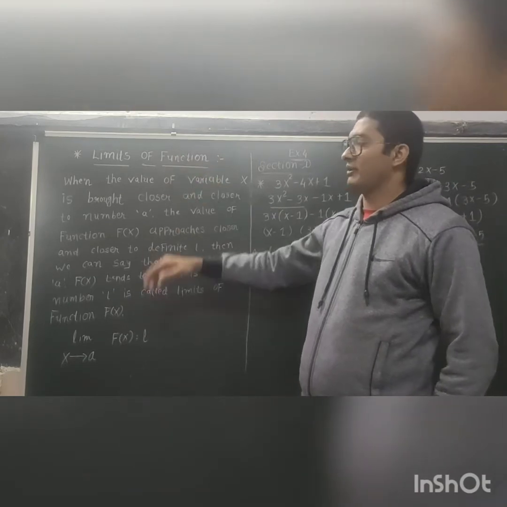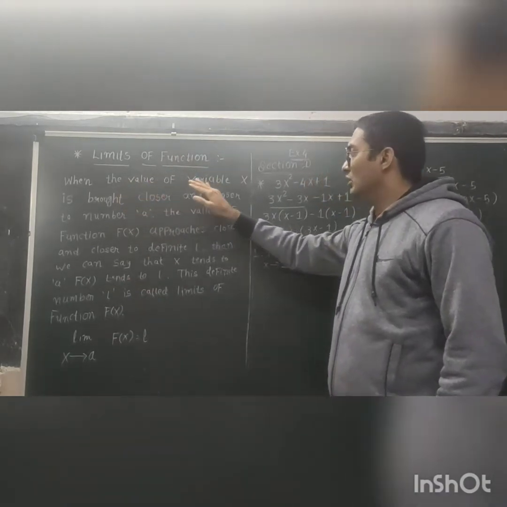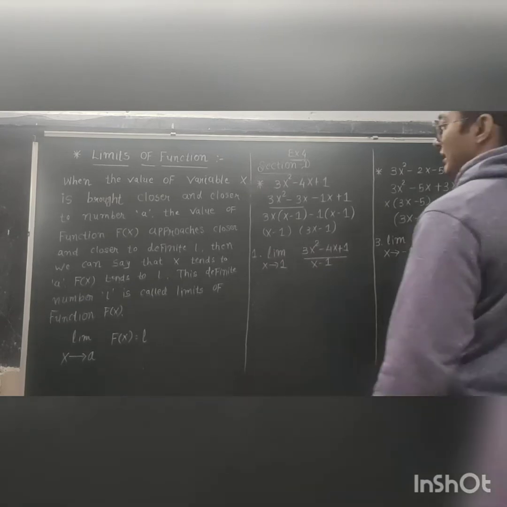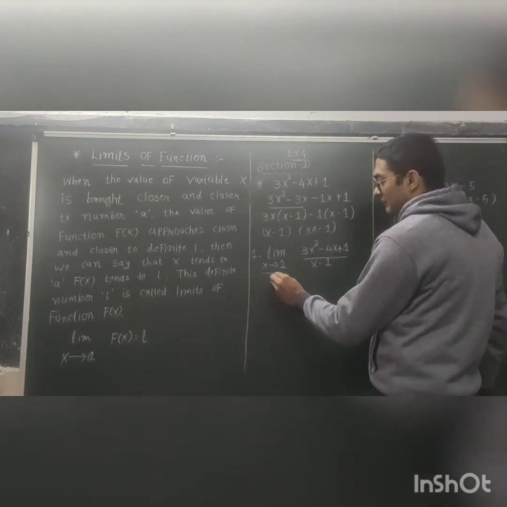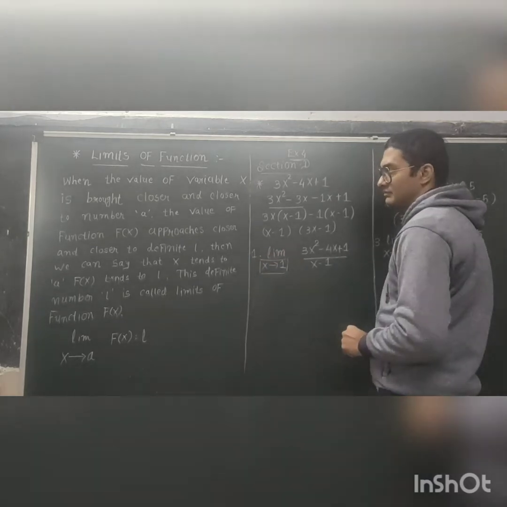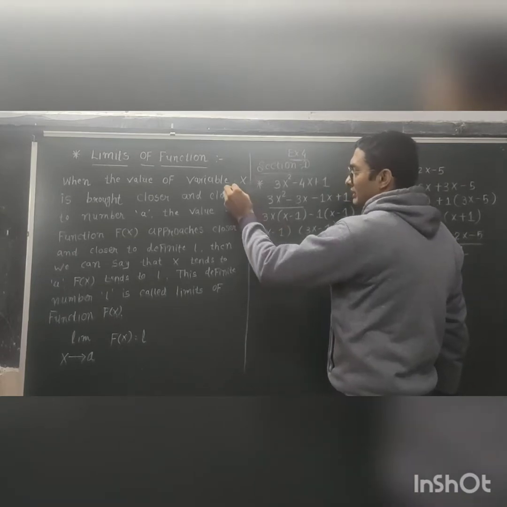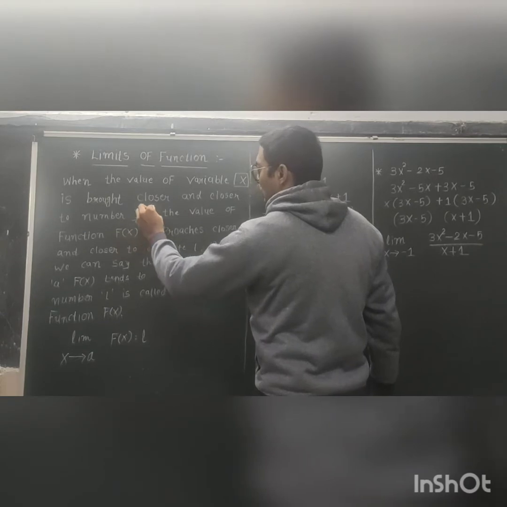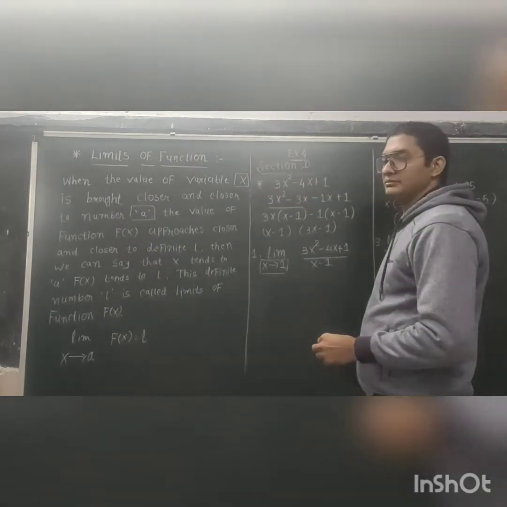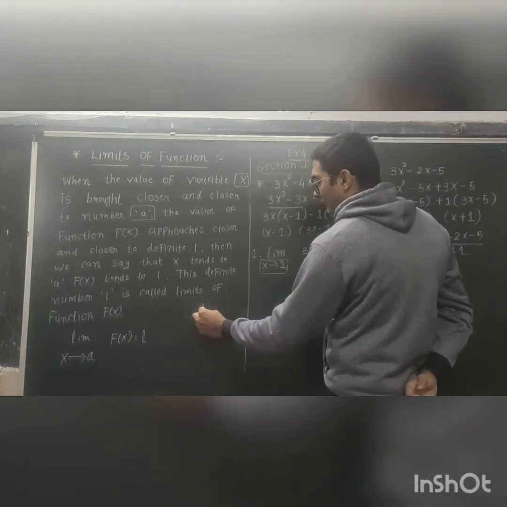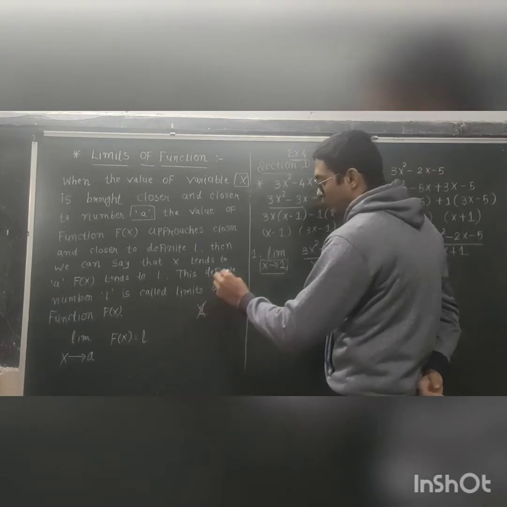Limits of a function: when the value of variable x is brought closer and closer to number a. Let's say in this example, x tends to 1. Here x is brought closer and closer to number a. Let's say there is a value 1, but we don't know that the value is 1.